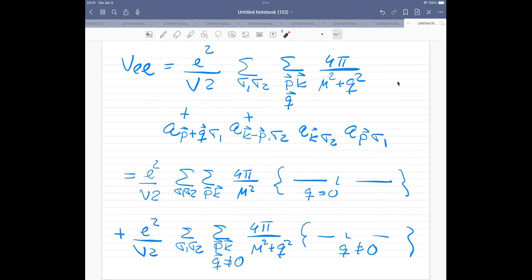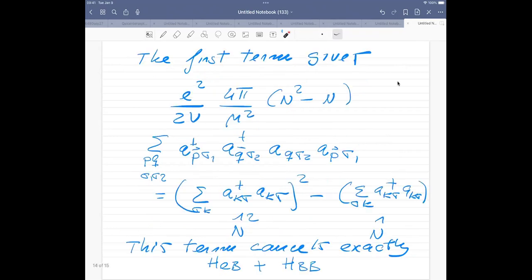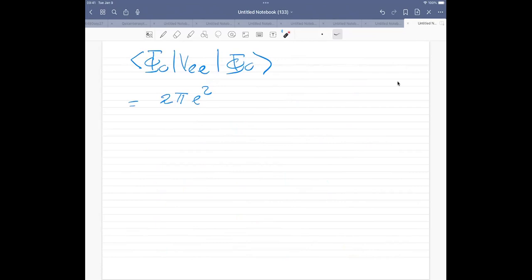So I will get a degeneracy which corresponds to the sum over the different spin values, and that will give rise to a factor of 2 here. So I will have a 2 pi divided by v, and then a summation over p and k, and q is different from 0.